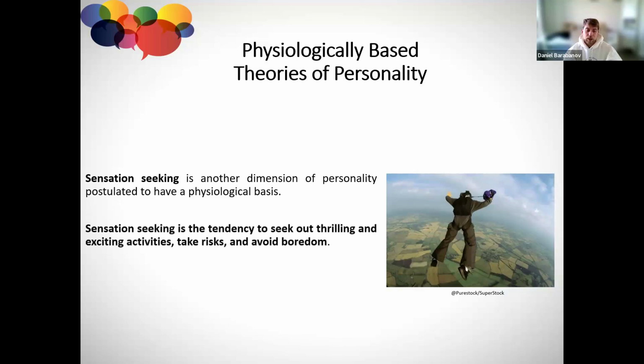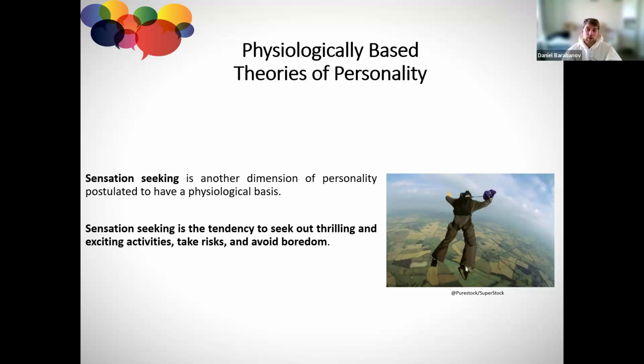Sensation seeking is usually understood as the tendency to seek out thrilling and exciting activities and take risks to avoid boredom, right? Some people want to jump with a parachute, gamble at a casino, drive cars very fast, and get involved in more risky activities and sports to avoid boredom, to feel something. While some people don't really like those ideas, and it's complete overstimulation for them, right?